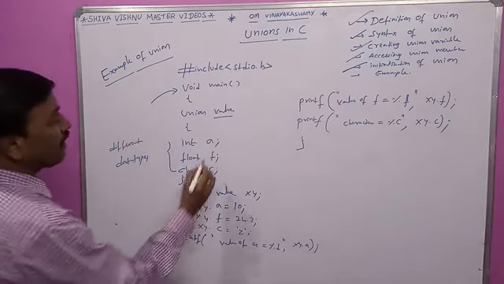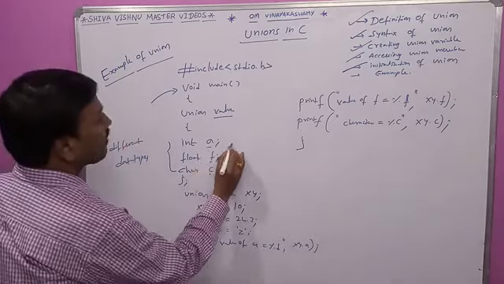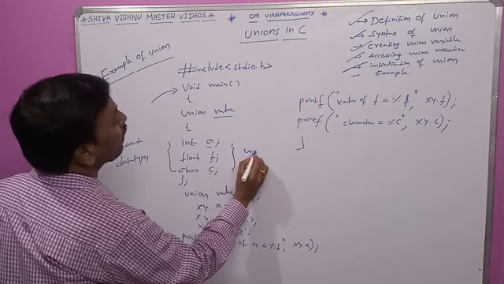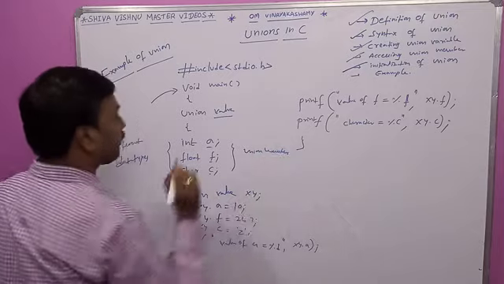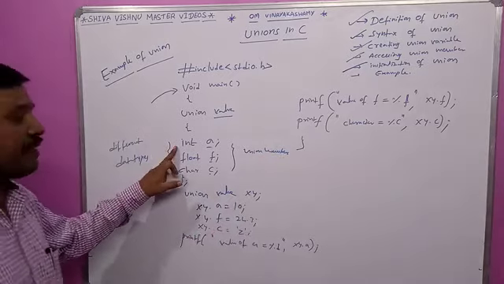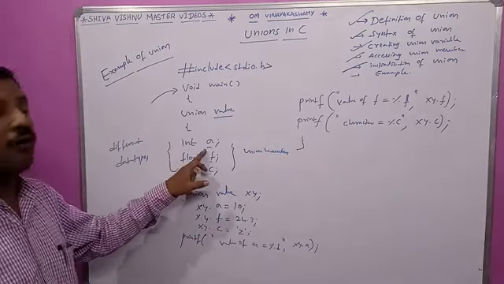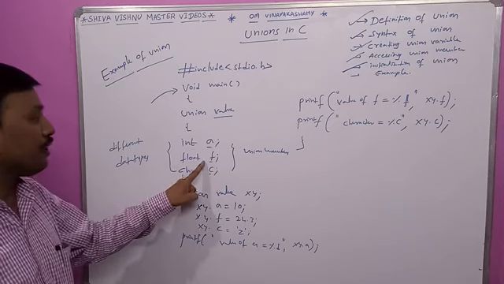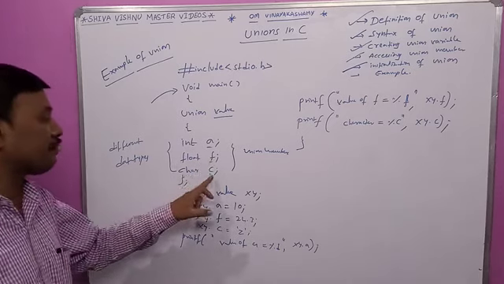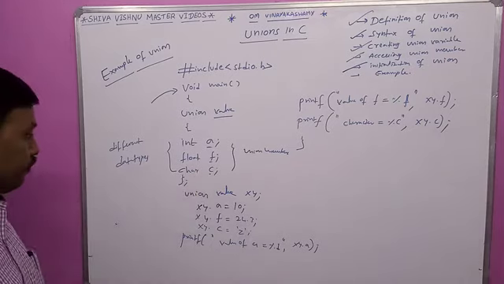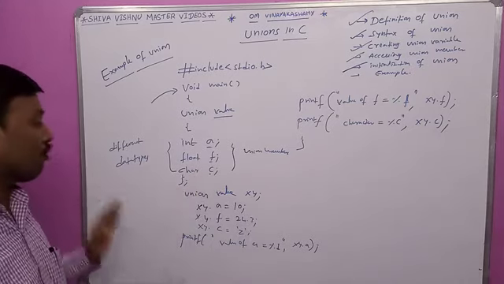Here you can see f and c. These are all the union members. Now you can see int with variable name semicolon, float with variable f semicolon, character c semicolon. Close the brace with a semicolon, which is a must.